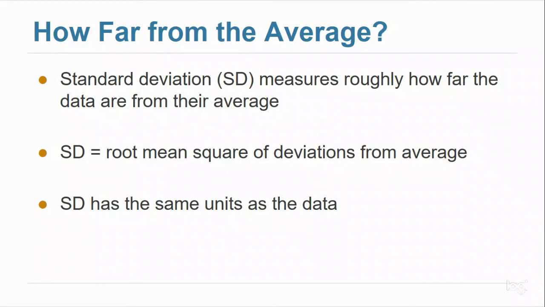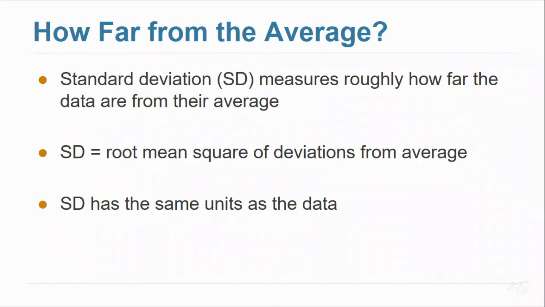Let's just summarize where we've been so far. The standard deviation measures roughly how far the data are from their average. It's a measure that tells you something about the spread or the variability of the data. The definition of the standard deviation is that it's the root mean squared of deviations from the average.